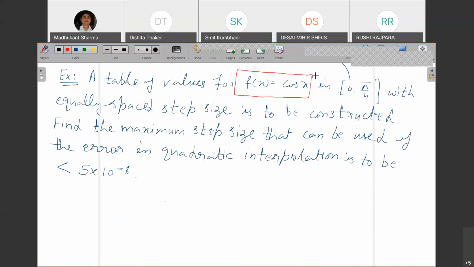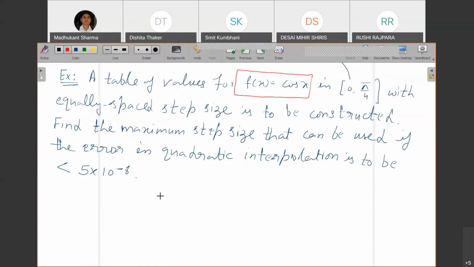Here we are aware of the function, and we are trying to identify the maximum step size which can be used with the specific tolerance, less than 5 into 10 to the power minus 6, in quadratic interpolation.